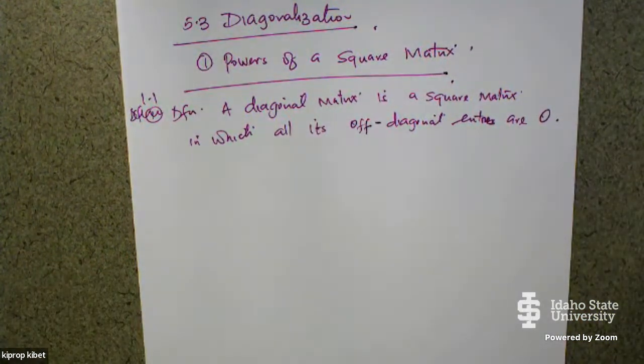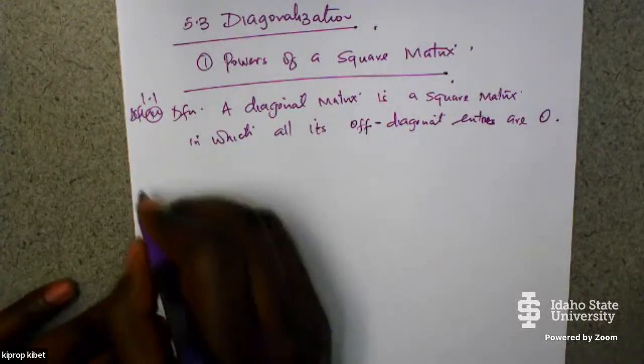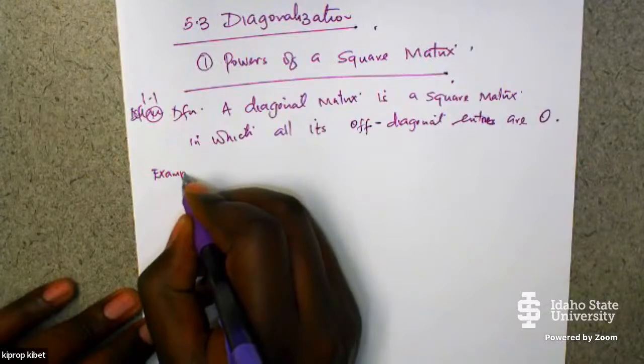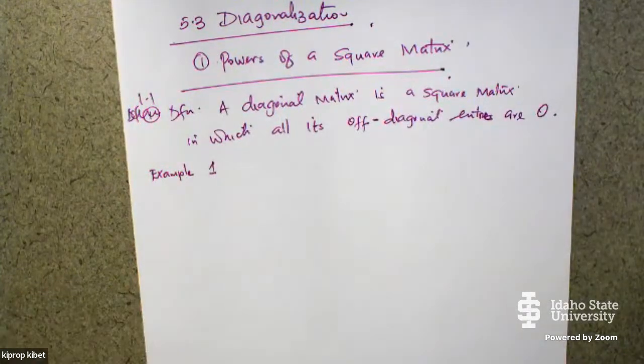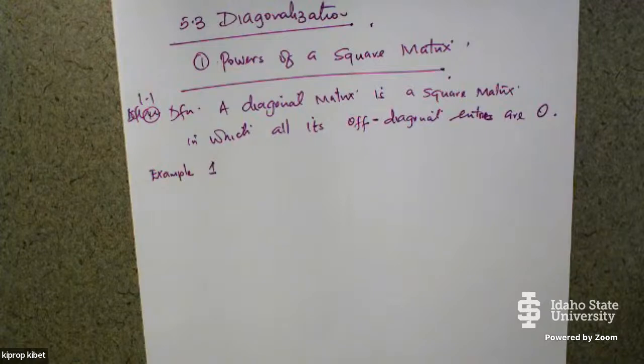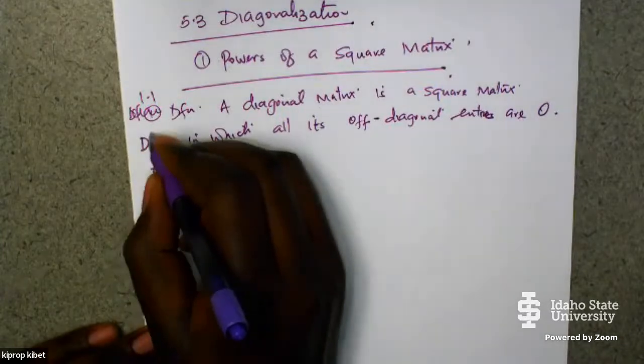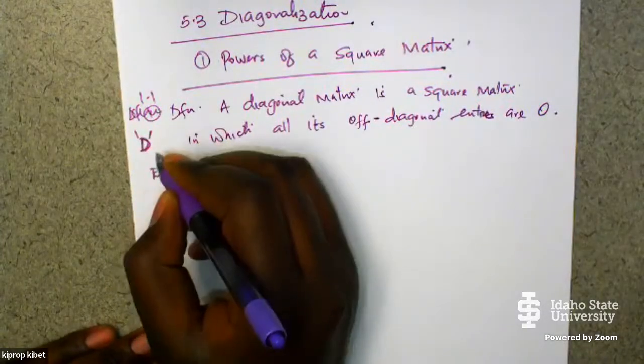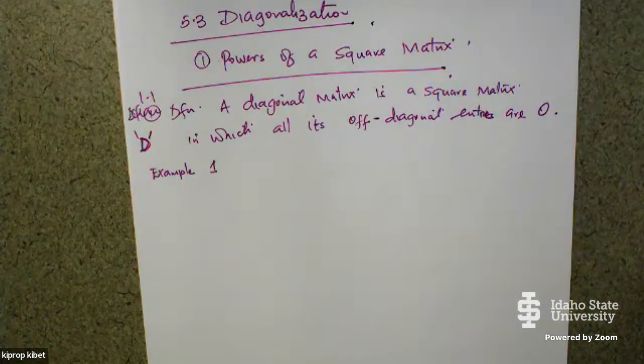It means the main diagonal entries are not necessarily zeros, but the other parts are zeros. For example, let's look at example number 1. We can name this diagonal matrix capital D, so we use the capital D to denote the diagonal matrix.